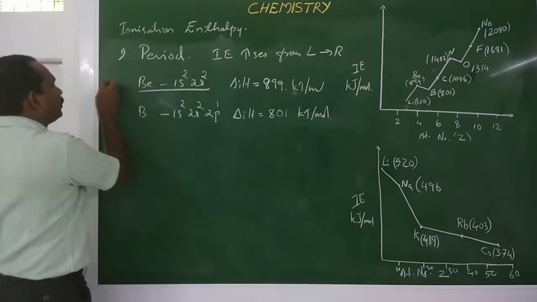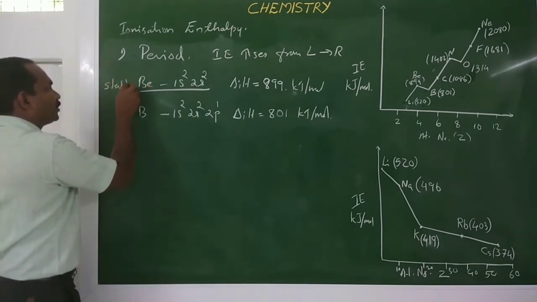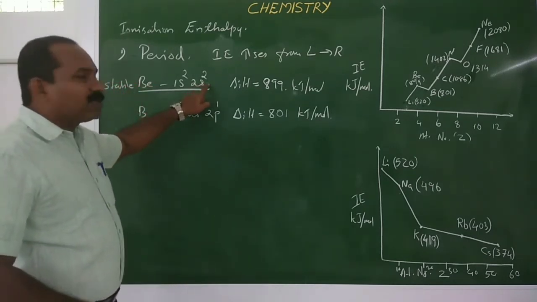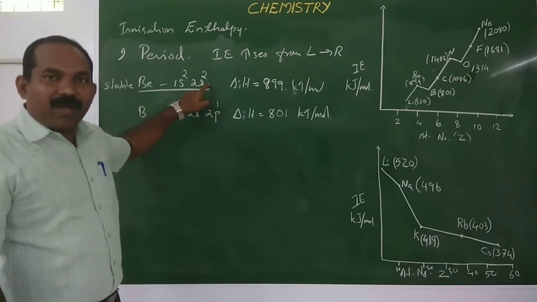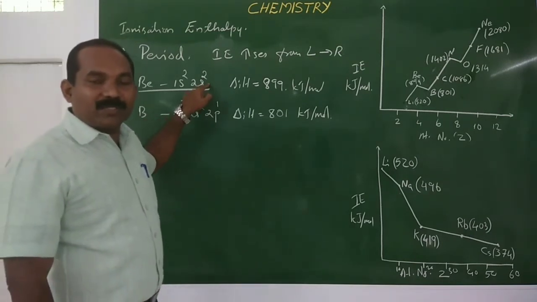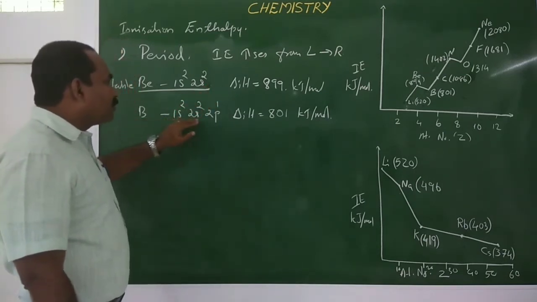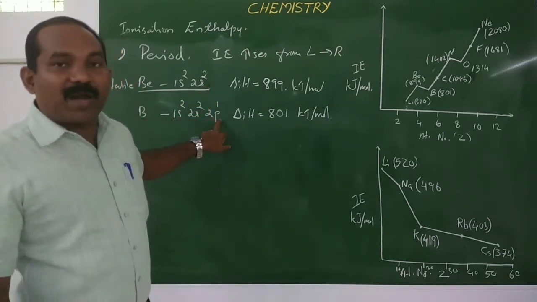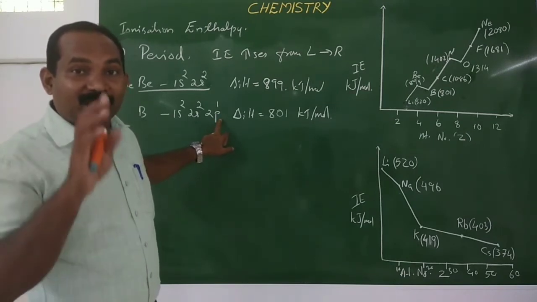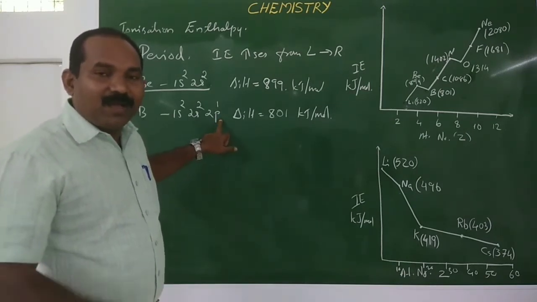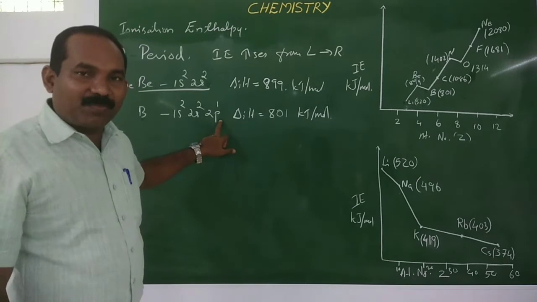Beryllium has a stable electronic configuration. The valence shell s orbital is completely filled. In the case of boron, the valence shell is partially filled. There are 3 p orbitals, and one electron occupies the p orbital.